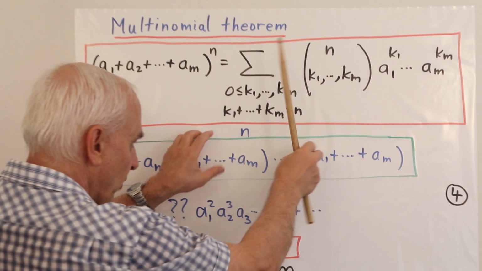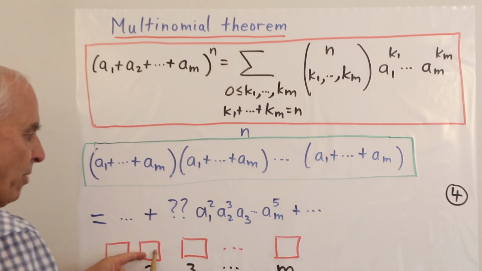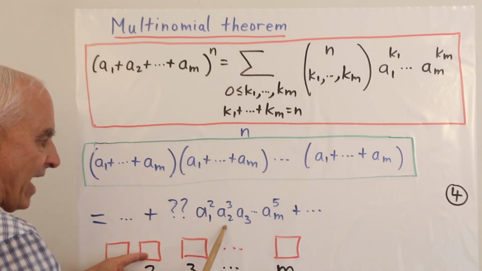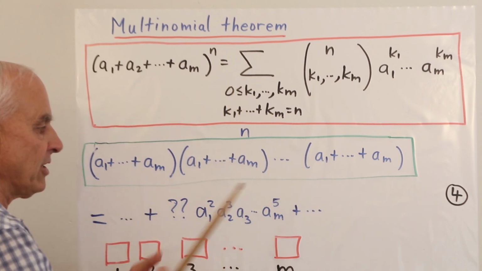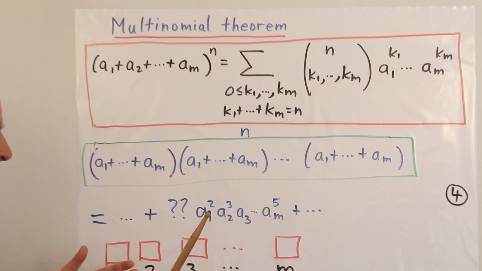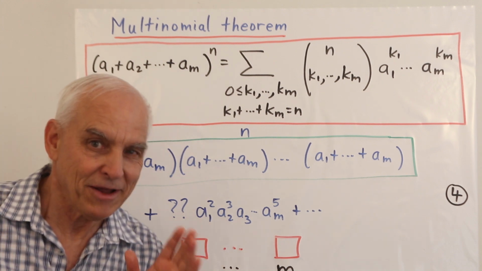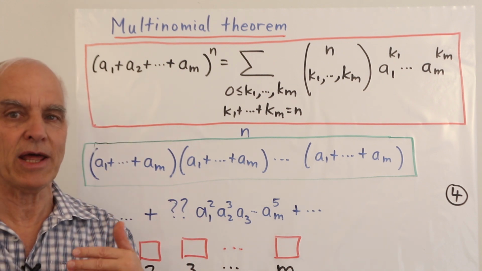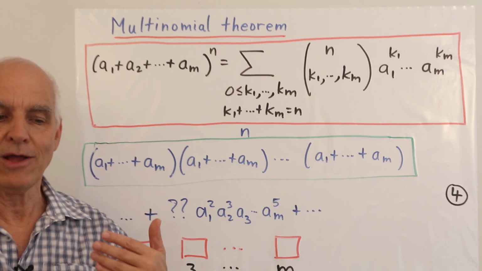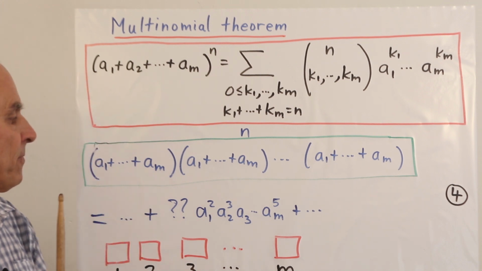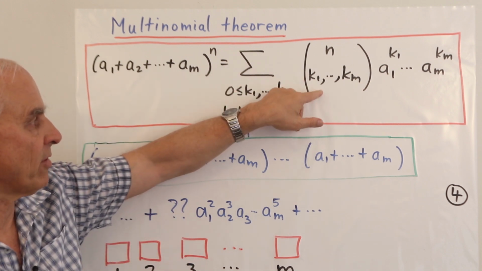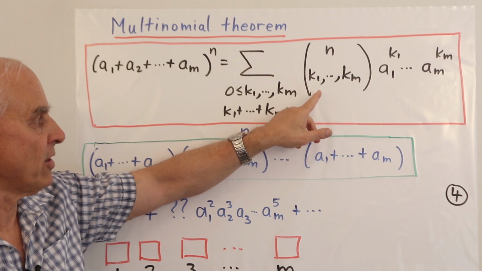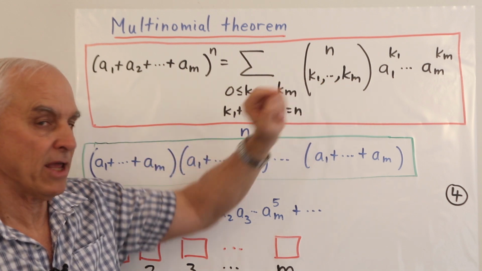And then we're choosing three of them to be in the two box, corresponding to the places where the a2 is being taken from, the factors that a2 is being taken from, etc. So if you think about it a little bit, this is exactly the situation that I described on the previous slide, which is counting the number of ways of making this distribution, and that's exactly captured by this multinomial coefficient n choose k1, k2 up to km.